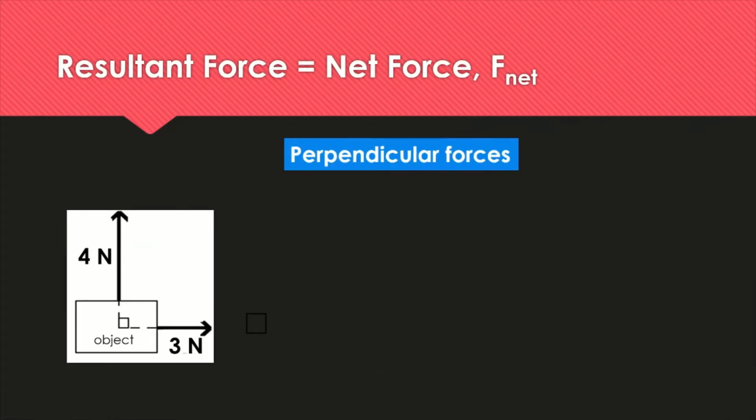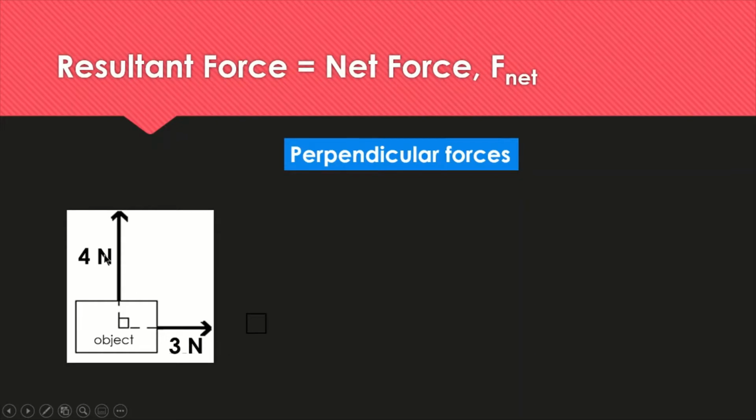Now, if the forces acting on an object are not parallel but instead perpendicular, how should we find the net force? Let's take this example. The object is acted on by two forces, 3 Newton and 4 Newton, and they are perpendicular to one another.